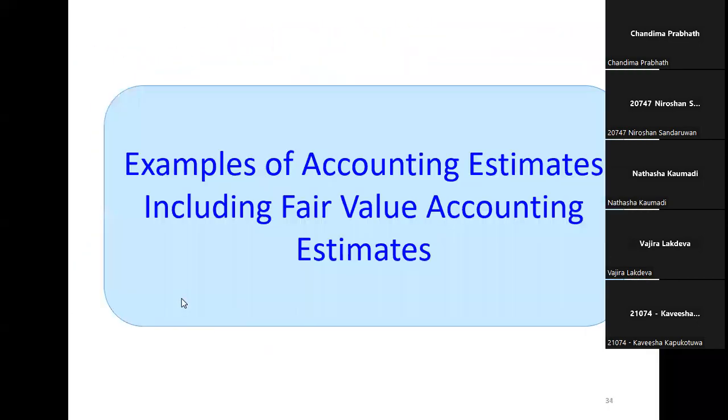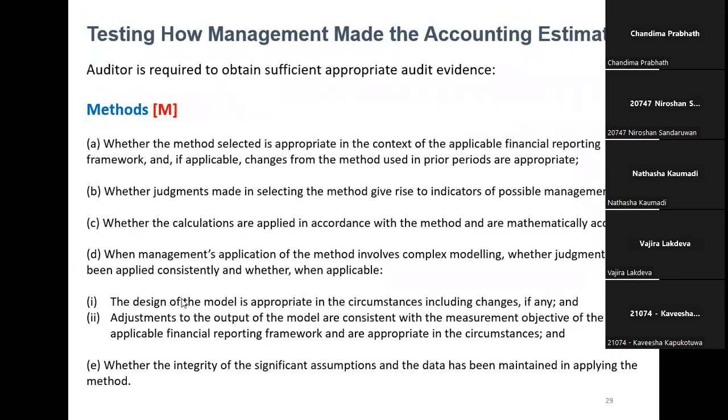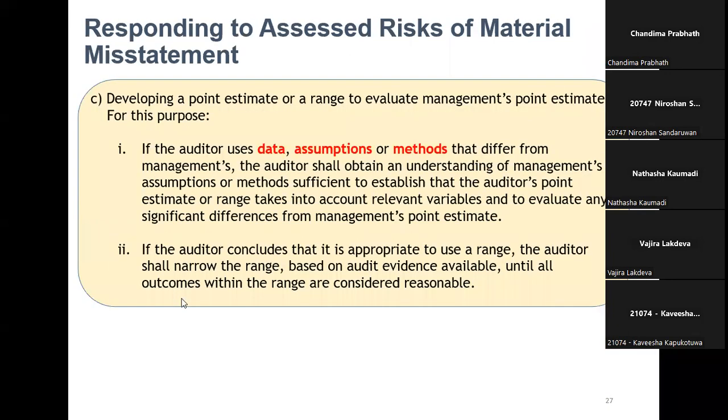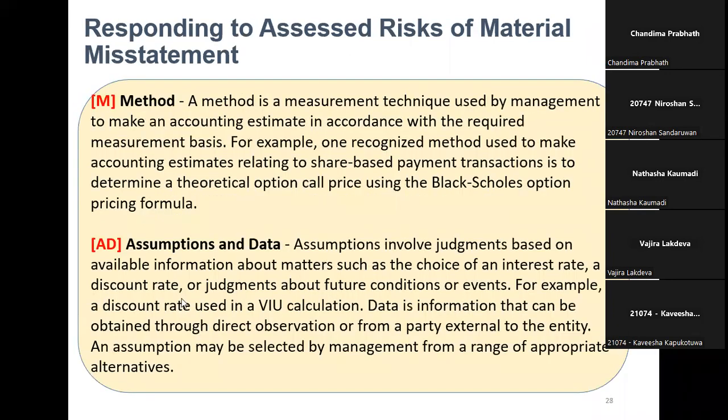These are the three approaches: obtaining audit evidence from events occurring up to the date of the auditor's report; testing how management made the estimate, where you can explain that the method or model of measurement used is appropriate and has been applied consistently, along with the data and assumptions used, and testing the operating effectiveness of the controls, where you have assessed that the design effectiveness is appropriate; and developing a point estimate or range.